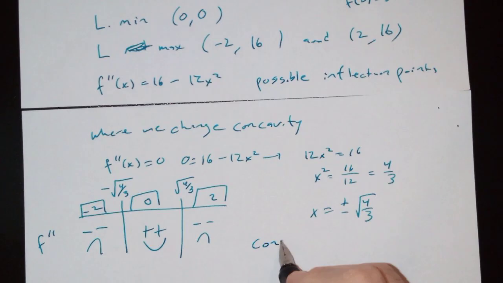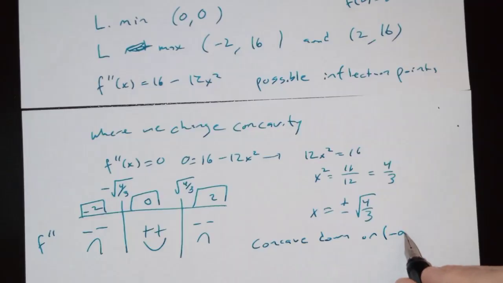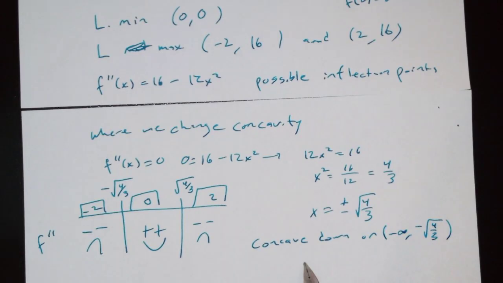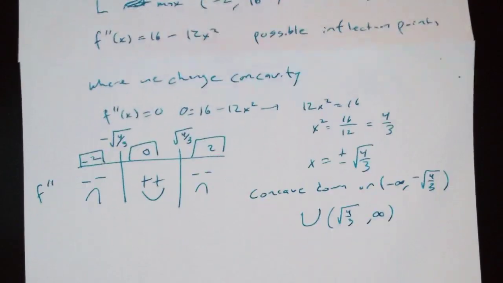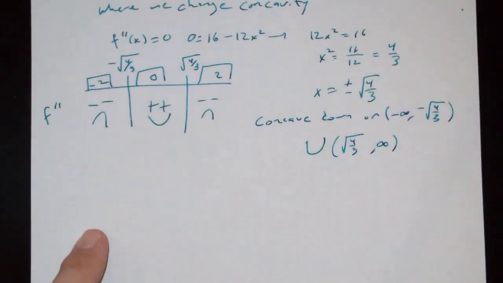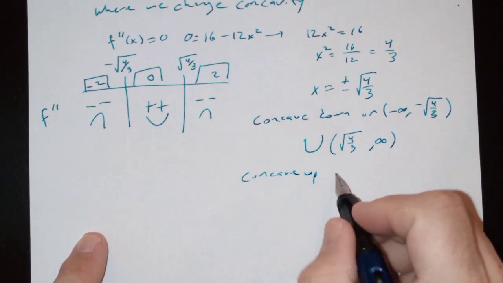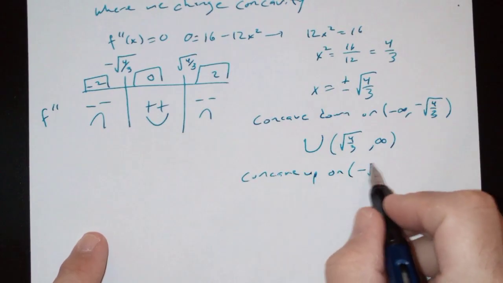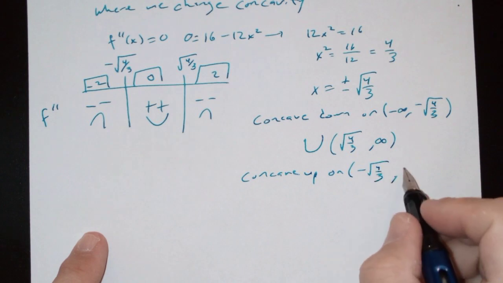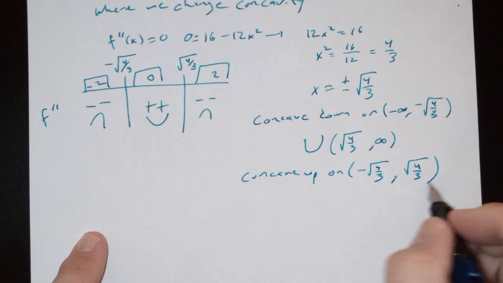I am concave down on -infinity to -√4/3 or √4/3 to infinity. I am concave up on -√4/3 to √4/3.